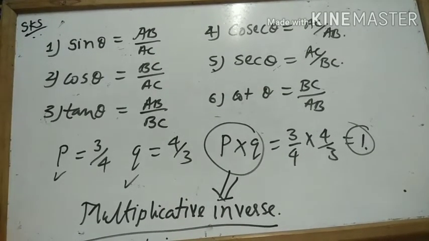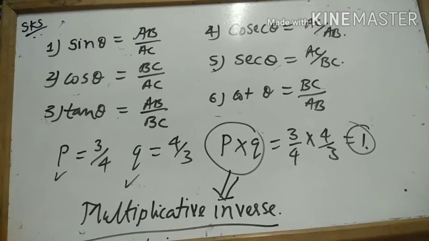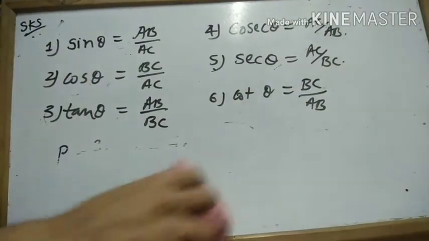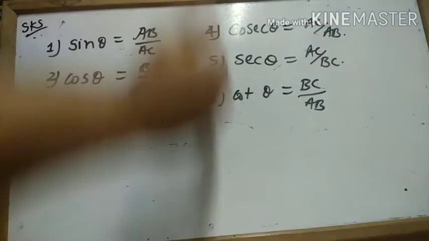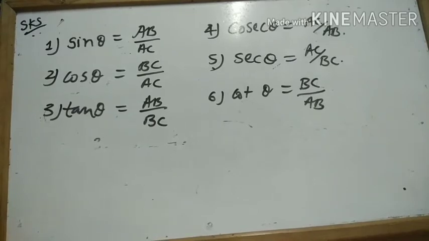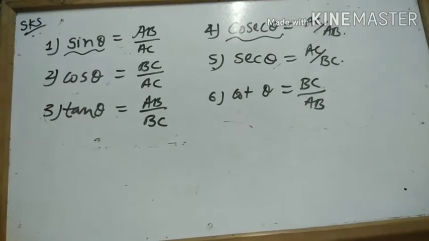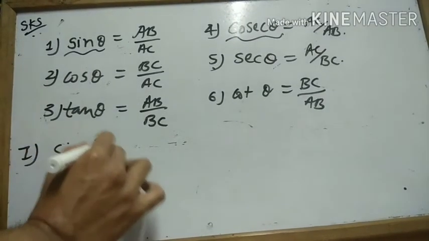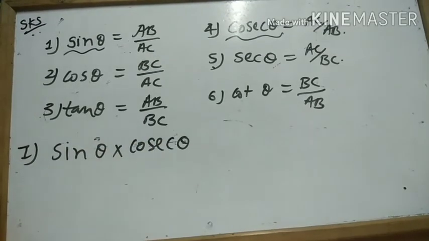Now at the top part of the board, I have written down all the 6 definitions as per the last diagram we did. I have purposely written them in a slightly different order, with 1, 2, 3 over here, and 4, 5, 6. Now why did I write it this way? You will realize one thing. If I multiply sine theta with cosec theta, what happens?